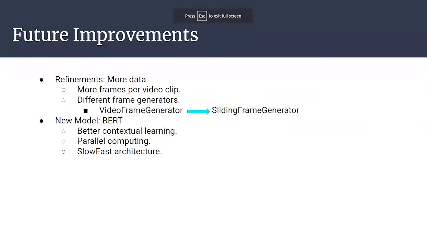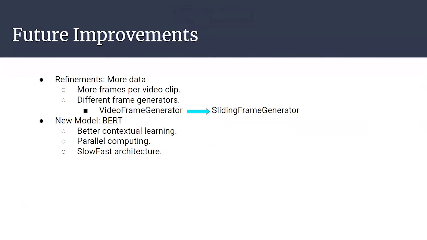Due to the lack of time, we have some potential improvements in mind that may further boost our model performance. The improvements span from making slight adjustments to our models to adopting completely different models. Including more data can be the low-hanging fruit. In our training, we only use 5 frames per video clip. This is insufficient because the transitions between 2 consecutive frames are too large.